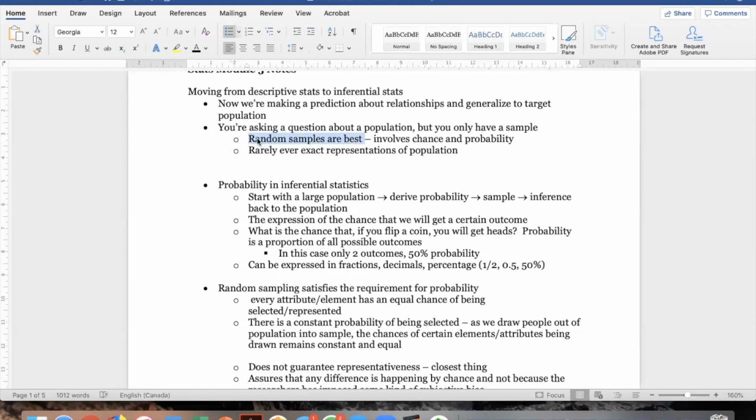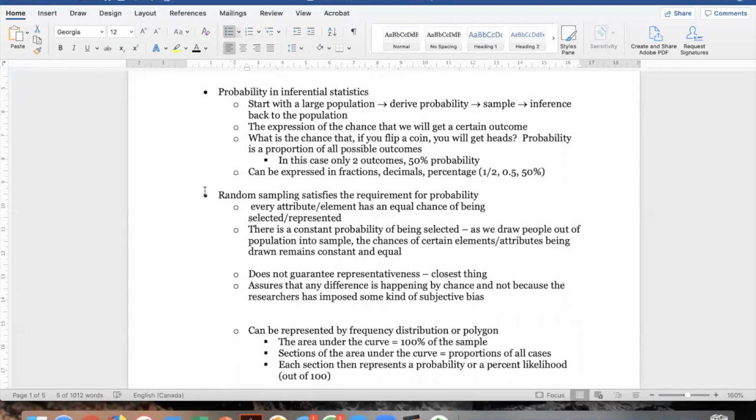A random sample, for reasons I think I explained in the first video, is best any time you're trying to make an inference, because you need that sample to be as representative of the actual population as possible. The closer your sample population is to the target population, the stronger the inference that you make, and it becomes much more statistically significant. And we'll go into that a little bit more.